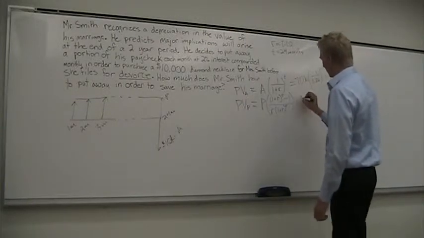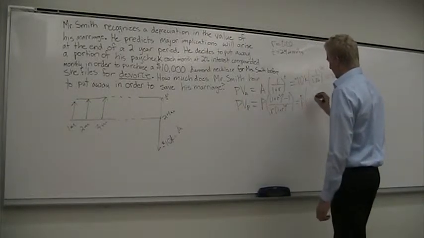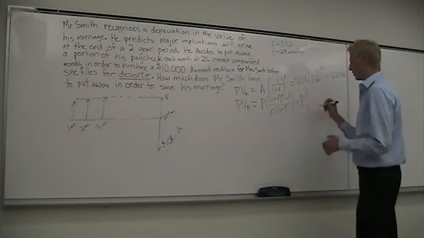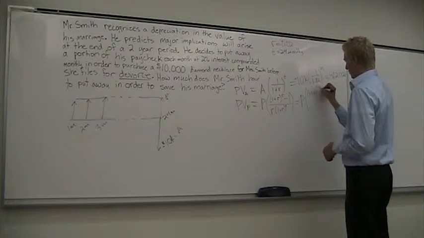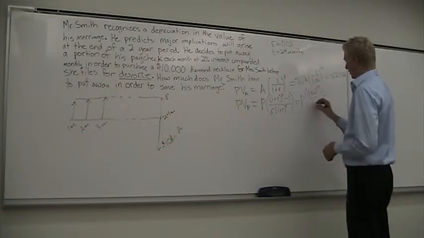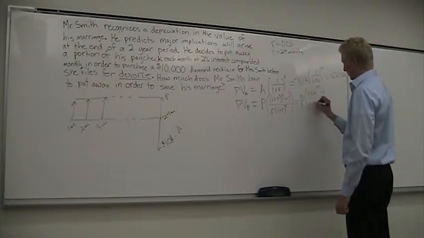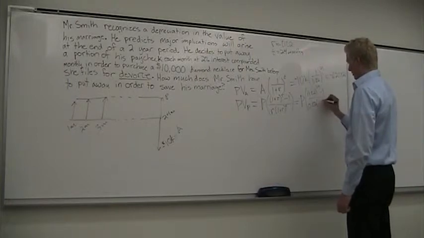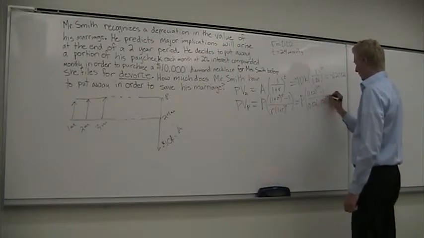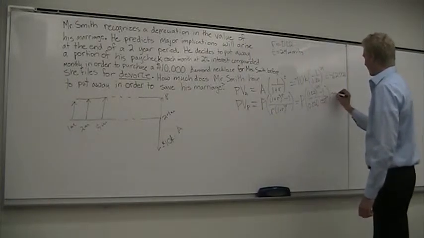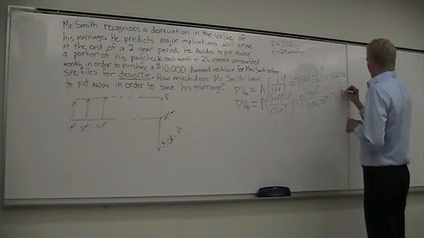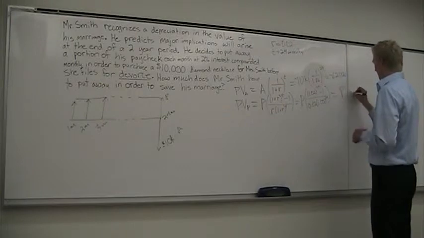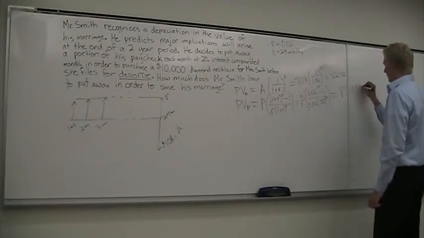Now if we do the same here, we leave the unknown value P, and then we have the equation 1.02 to the 24 minus 1, all over 0.02 times 1.02, again to the 24. This value is equal to the unknown P value times 18.9139.